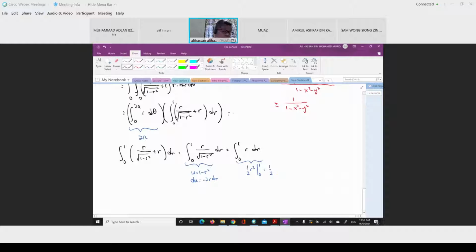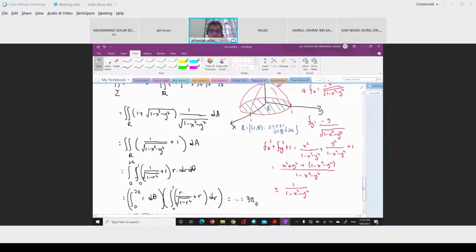Show that the final answer is equal to 3 pi. I leave it to you to complete the calculation. So this is another example of an evaluation of a surface integral here.